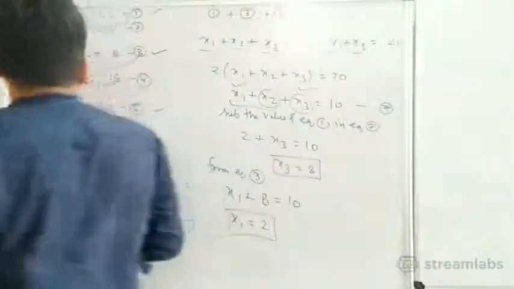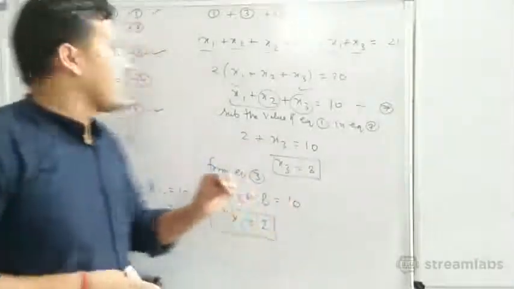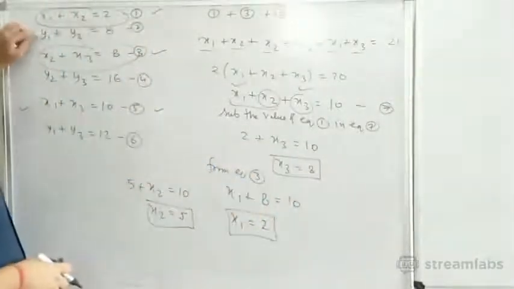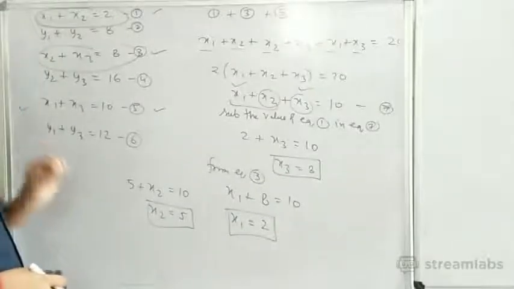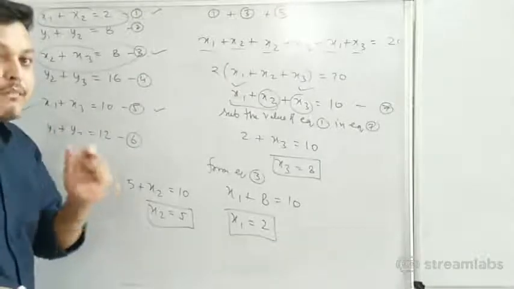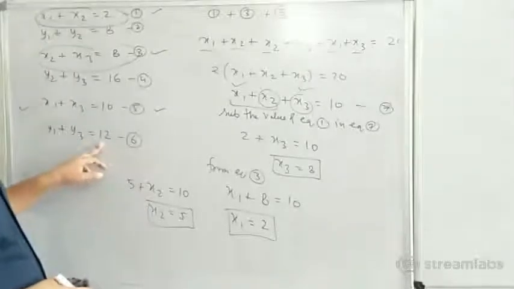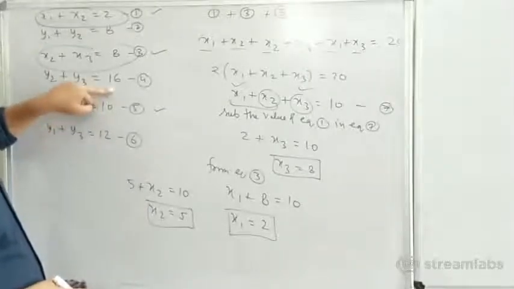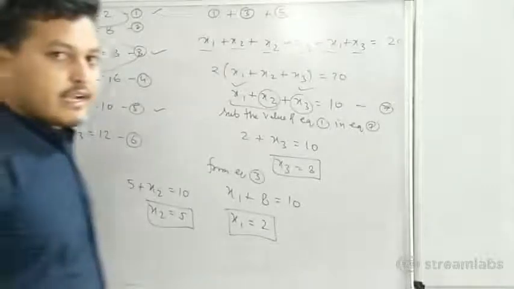Similarly you can calculate the values of y1, y2, y3 by first adding equation numbers second, fourth and sixth. Then you will get the relation 2, taking out the bracket, y1 plus y2 plus y3 is equal to 12. Okay, 28 and 8, 36.